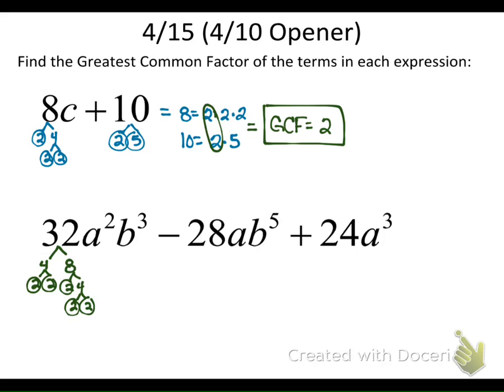Okay, for 28, Alex? What 2 things can you multiply together to get 28? How about 2 and 14? Okay, what about for 14? 1, 7. Okay, and David, what about for 24? 2 and 12. For 12, 6 and 2. 6, 3 and 2.